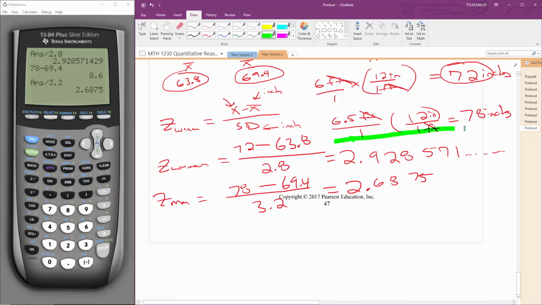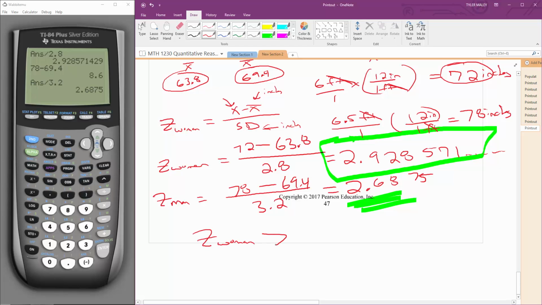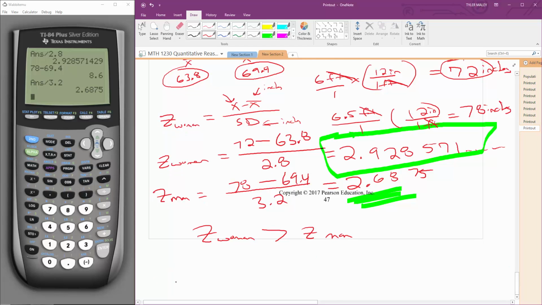So the woman is taller. This z-score is bigger than this z-score. So in other words, the z-score for the woman is greater than the z of the man. So with respect to each distribution, the woman is more of an outlier.